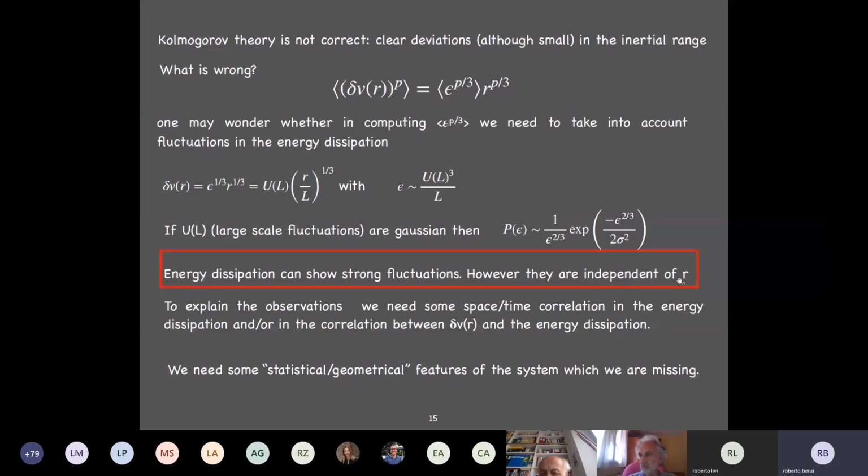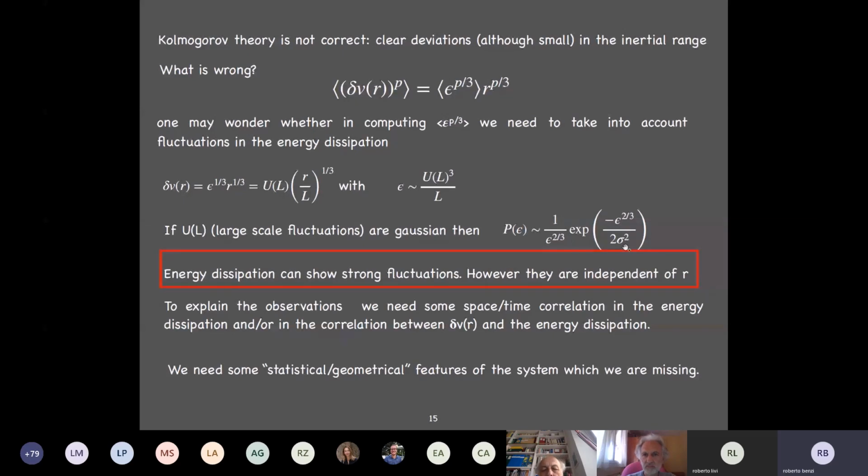In other words, if you think of the energy dissipation as one of the possible candidates that destroy the Kolmogorov conjecture, you are pointing in the only direction left by Kolmogorov, but the fluctuations of energy dissipation by themselves don't play a relevant role unless you introduce some kind of statistical or geometrical characteristic which depends on the distance r between two particles, or the velocity difference at distance r that you are looking at in these measurements.